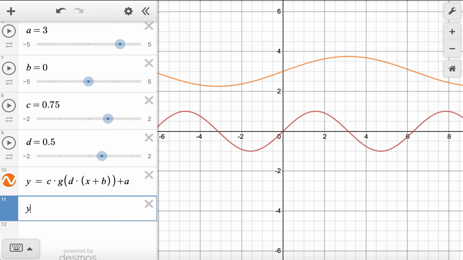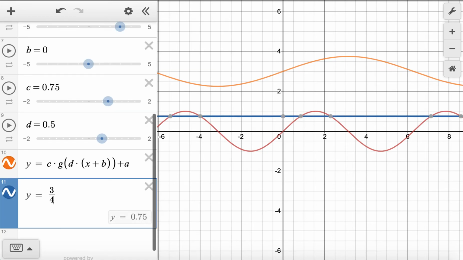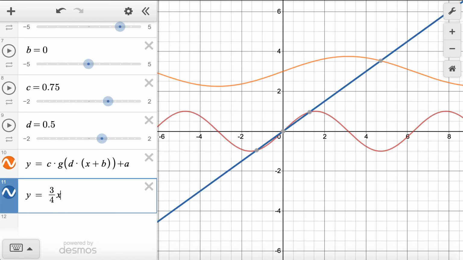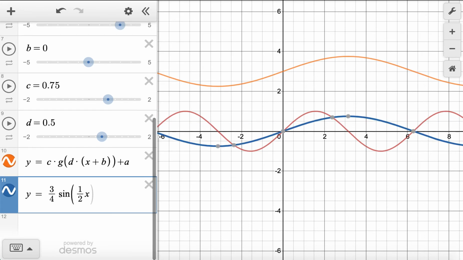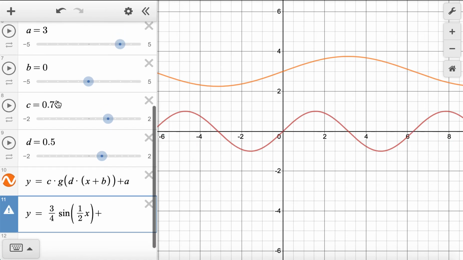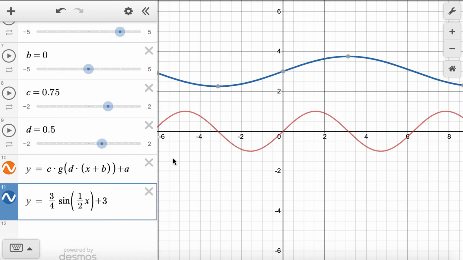It would be y equals, let's see, c is 3/4, so 3/4 sine of 1/2 x plus, what's a? A is 3. There we go.